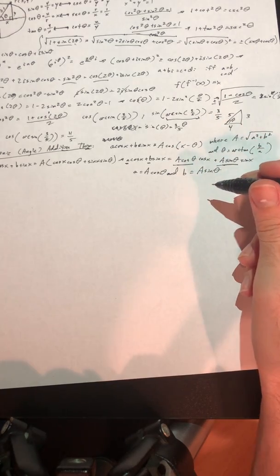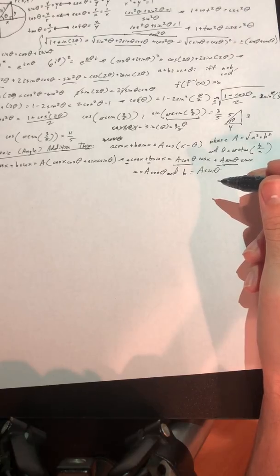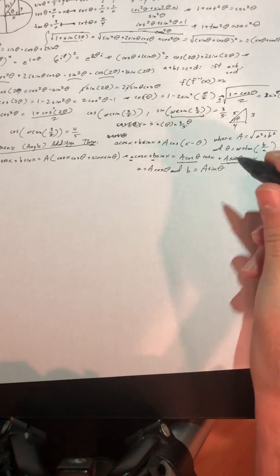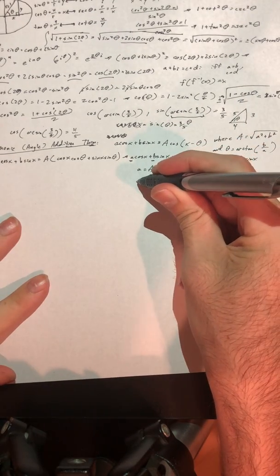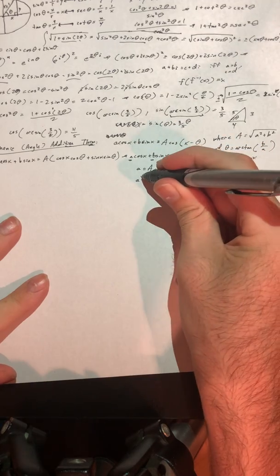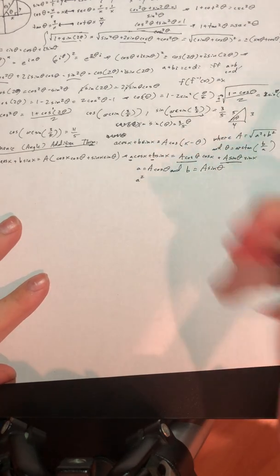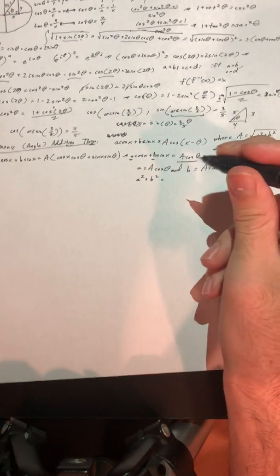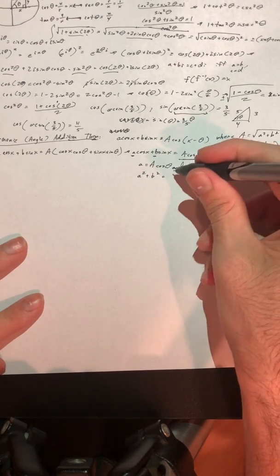So what, right? What am I going to do with that? I'm going to square both of these, so I'm going to square a, square b, and add them together. I'm going to get a squared plus b squared is equal to what?